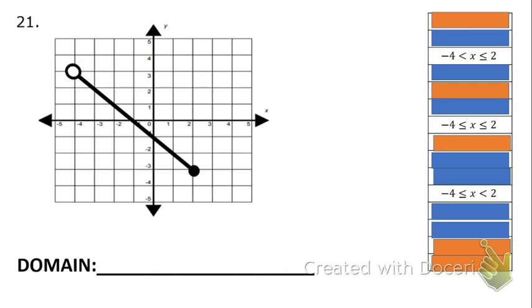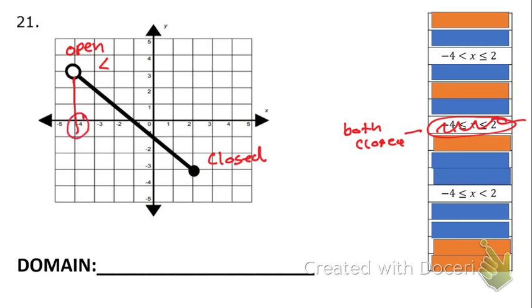Okay. So again, please notice this was open with a line and this is closed. So this one are both closed, so it cannot be it. Okay, at -4 is open. So this is your answer: -4 less than x less than or equal to 2.